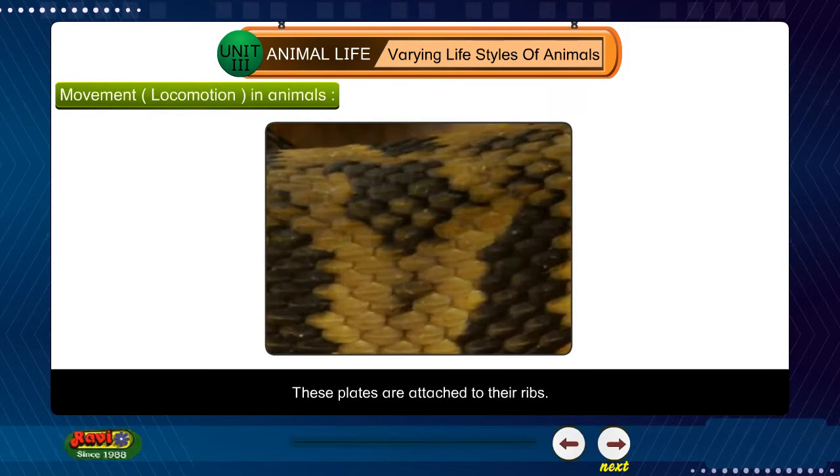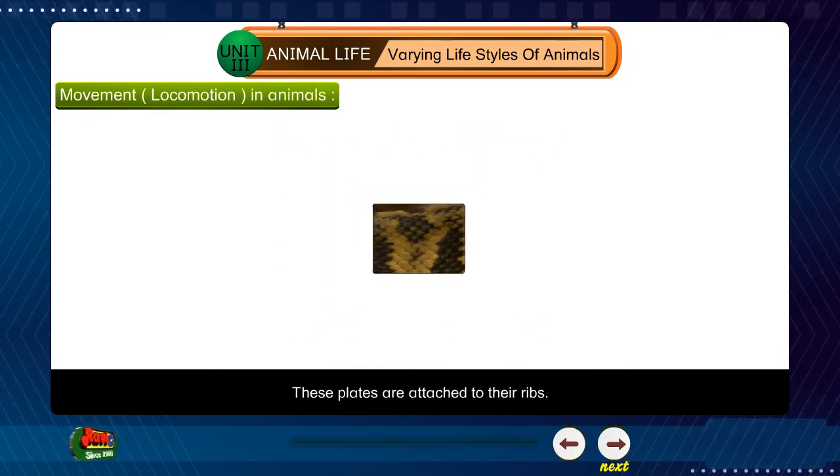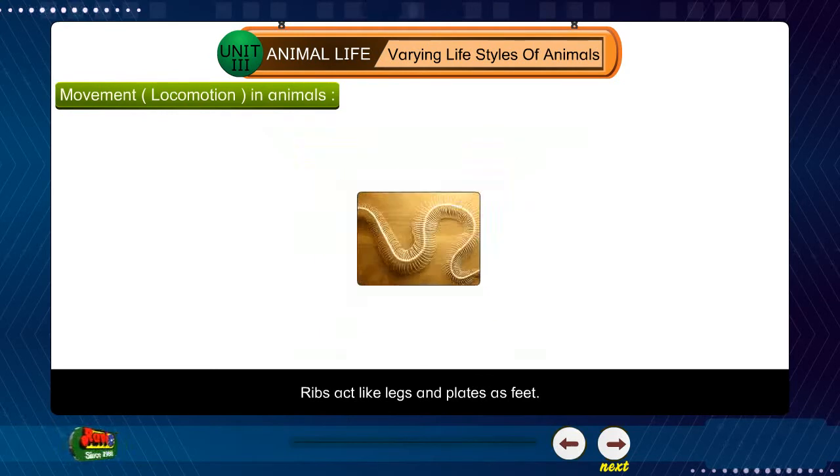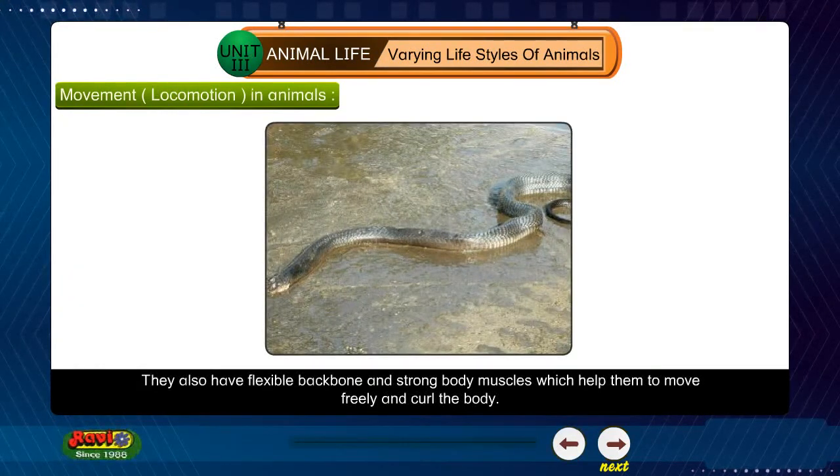These plates are attached to their ribs. Ribs act like legs and plates as feet. They also have a flexible backbone and strong body muscles which help them to move freely and curl the body.